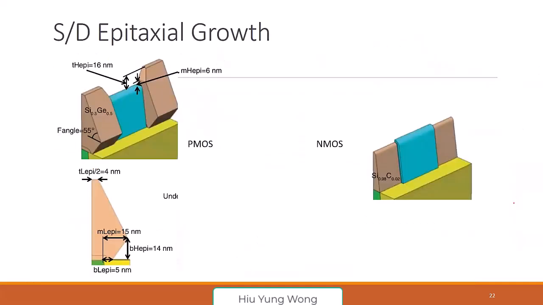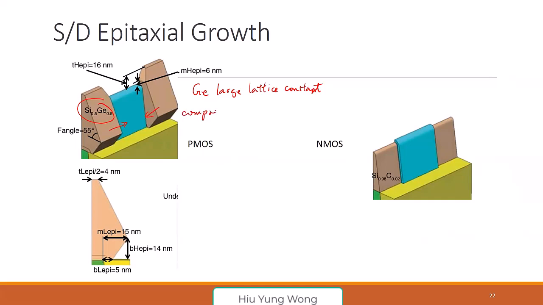Okay, so we know the structure. Now, here is the epitaxial growth I showed earlier, just a nicer picture. But you see that for PMOS, we are going to add silicon germanium as the source drain. Why is that? Because germanium has a large lattice constant. I will cover more about this later. And because it's a large lattice constant, it's going to have some compressive stress.